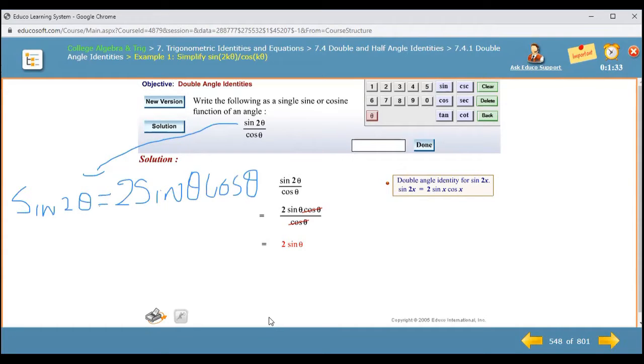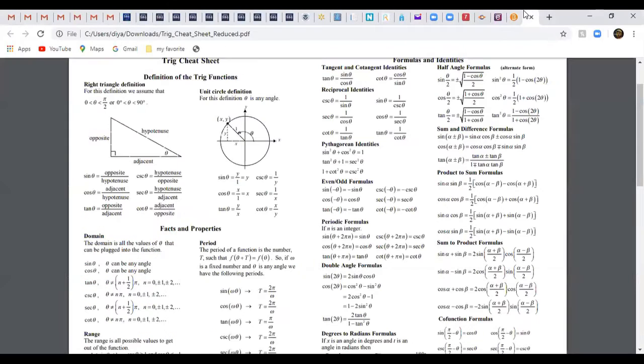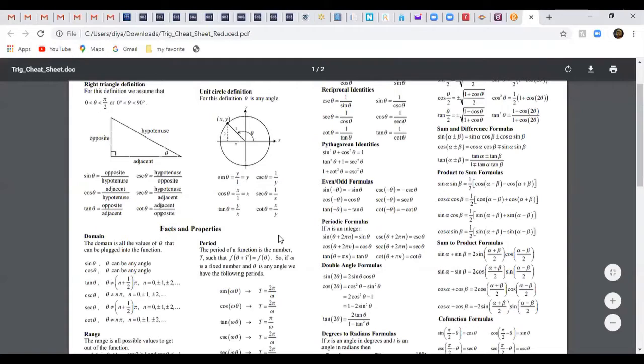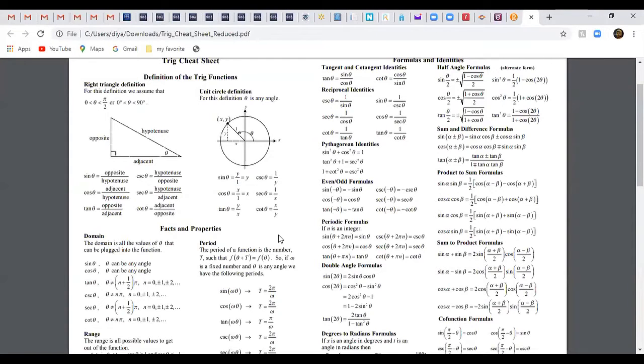This identity came from the formula sheet. We are dealing with sine 2 theta, and sine 2 theta is 2 sine theta cosine theta. That's the identity I used.